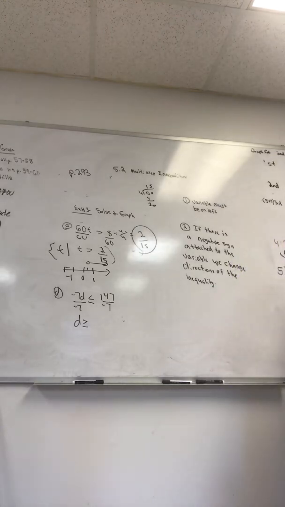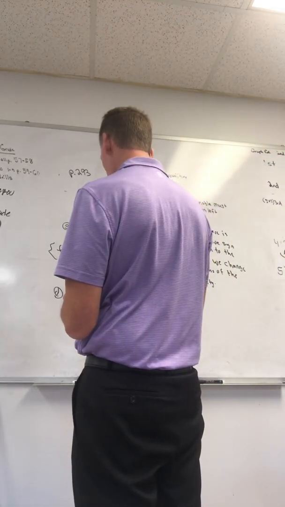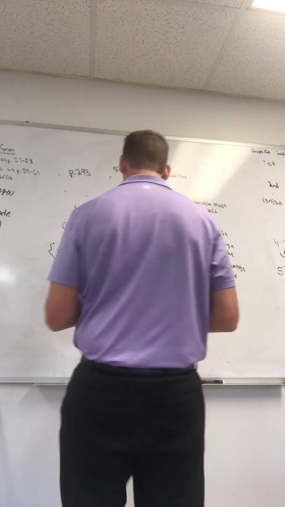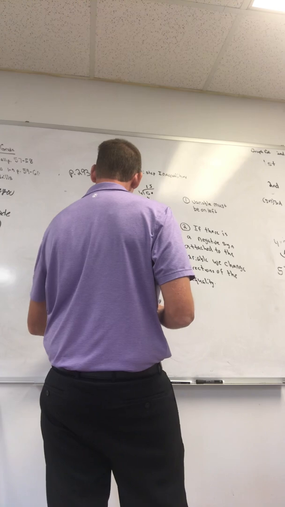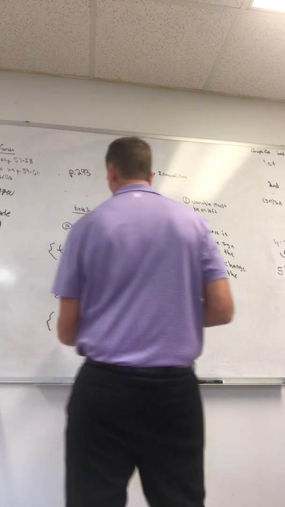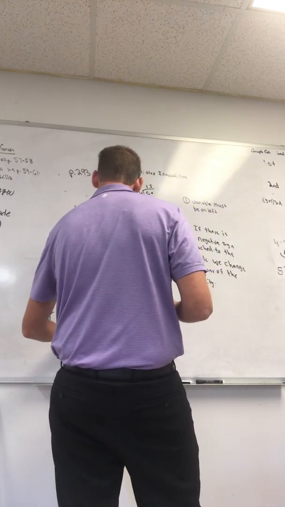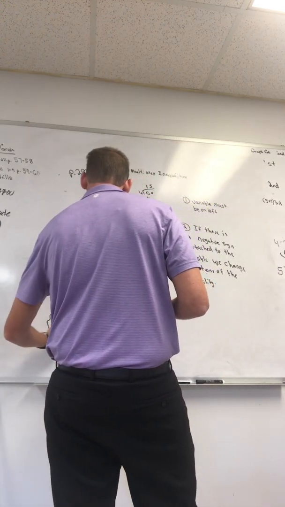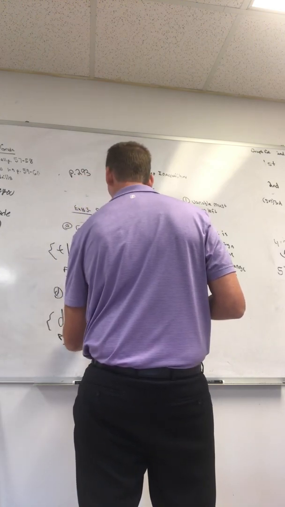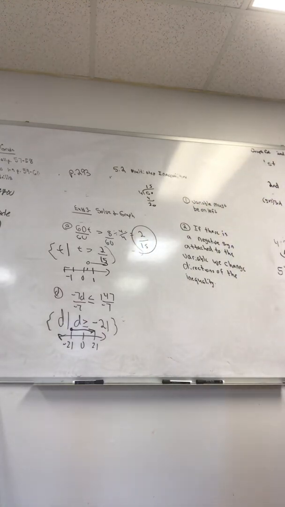So, I'm going to let you use your calculator. 147 divided by negative 7 is negative 21. So this is how you do that, and then graph it. Negative 21, close dot, points to the right. Okay? So that's what we do with that problem.